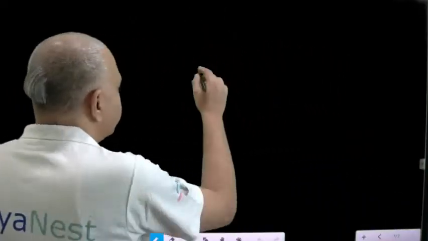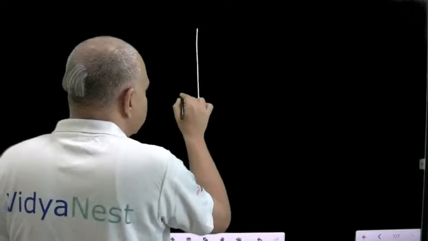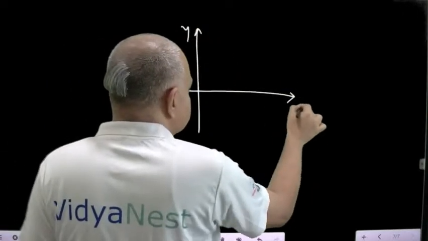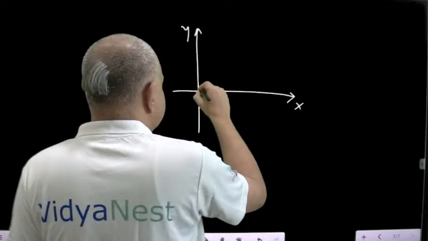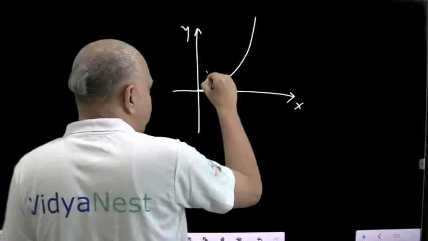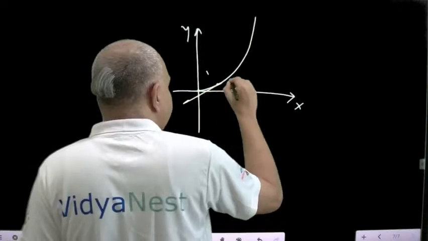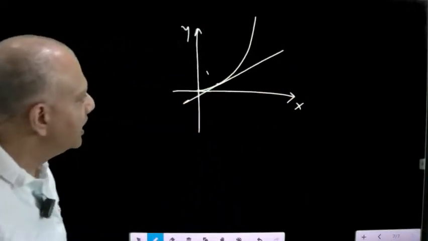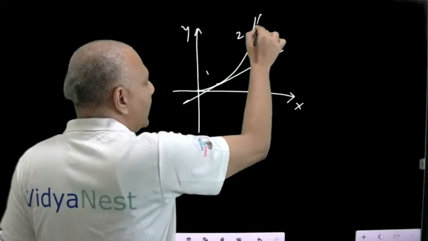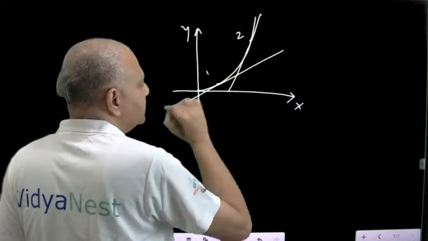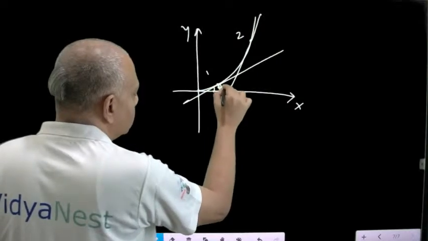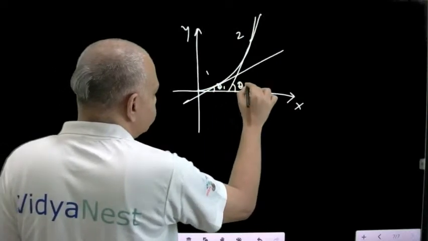Just like I'm going to tell, this is y, this is x, and this is my graph. At this point, point 1, I can have a tangent. I've chosen a point 2, and again I'm developing another tangent. You can see that this is theta 1, this is theta 2.